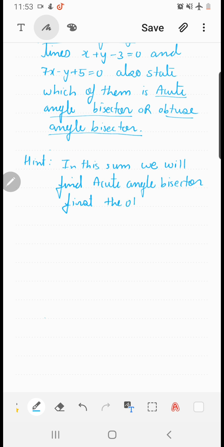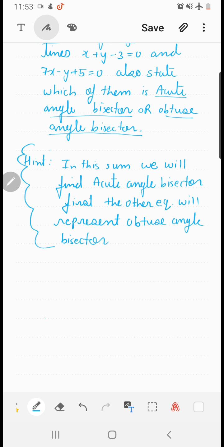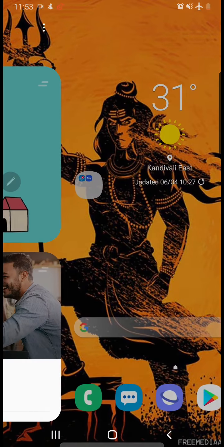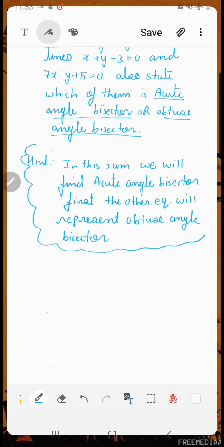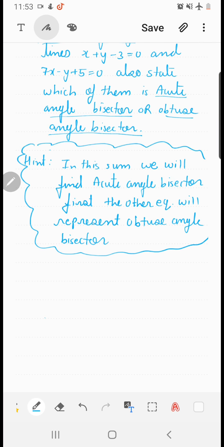The other equation will represent the obtuse angle bisector. Obviously in the exam they won't ask you to find both the equations. Generally they ask you one at a time. So this is what we want to find.